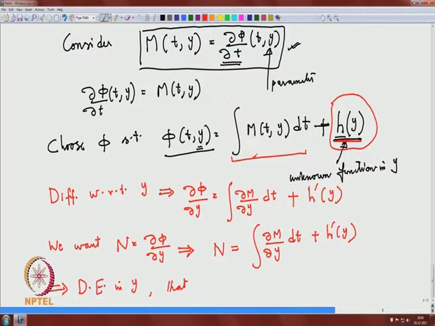Let us come back: h prime of y is equal to n minus the integral of dm by dy dt. So, you integrate. n and m are given, so you will be able to find this one.